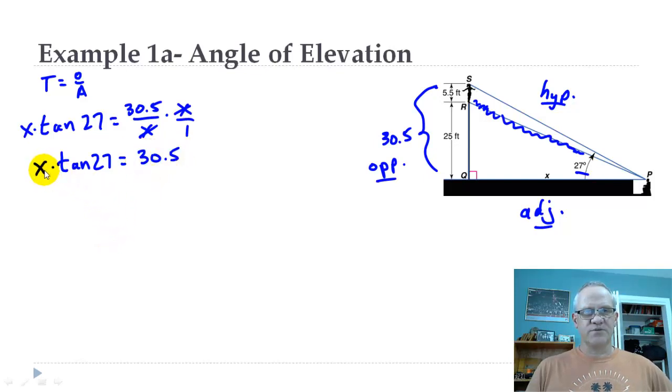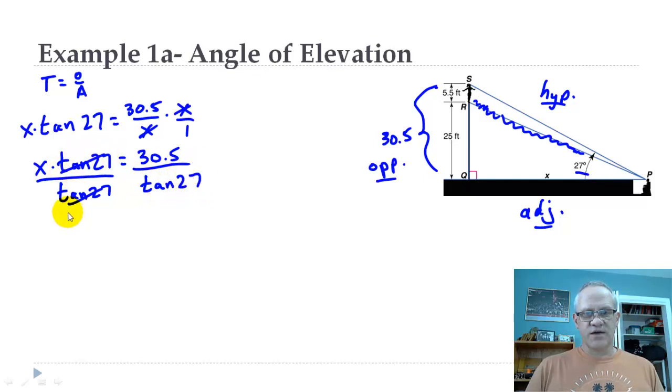Well, X is on the top, but it's not by itself, so remember, the tangent of 27 is just a number, and if you have any number times X, all you have to do to get rid of it is divide by that number. So we're going to divide by the tangent of 27, and then I have to do it on both sides. So now I have X equals 30.5 divided by the tangent of 27.